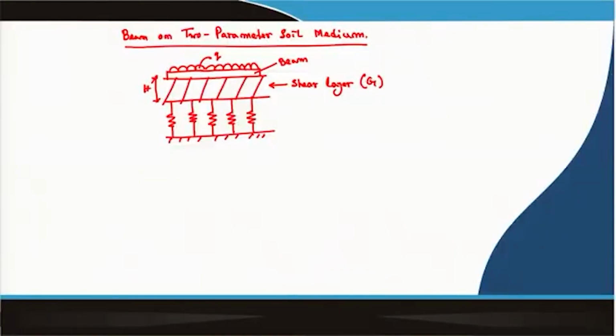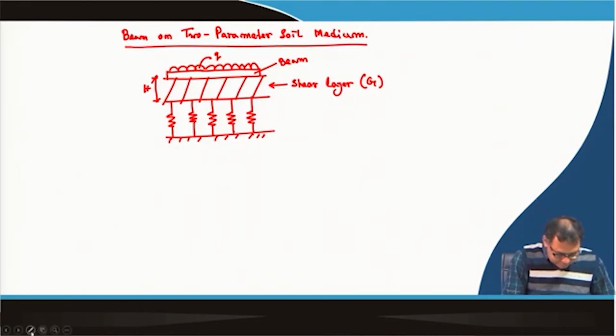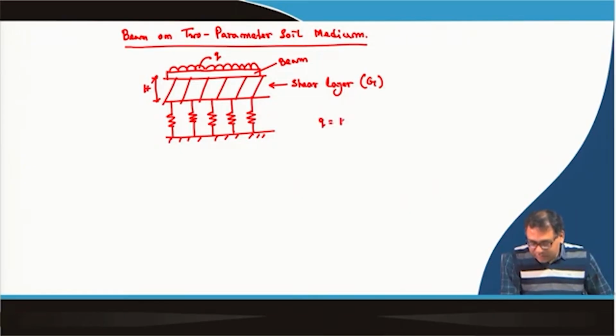So, this is the problem. This is the two parameter model, over that the beam is resting, and over that a UDL Q is acting. Now the expression for the two parameter model is given as Q is equal to K into W minus G H d square W d x square.